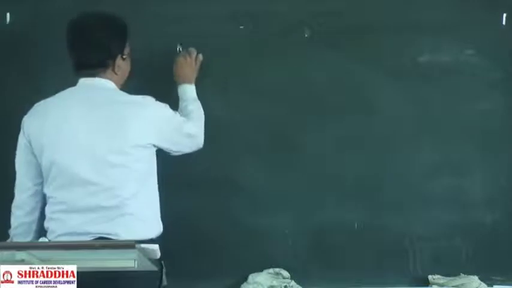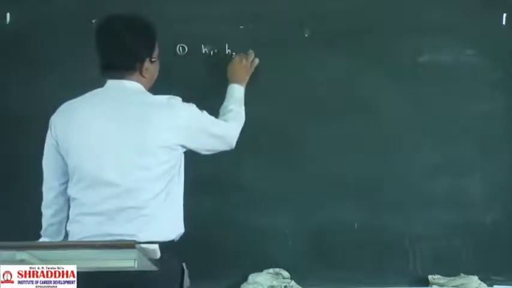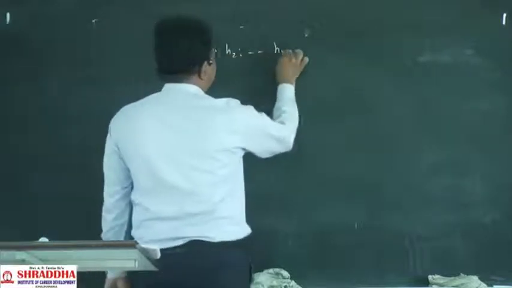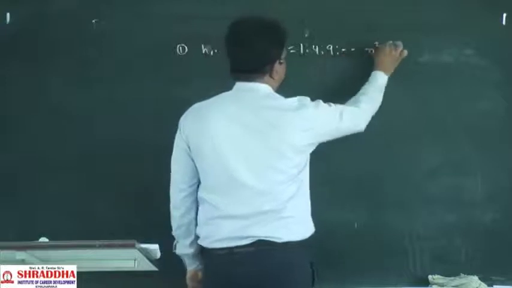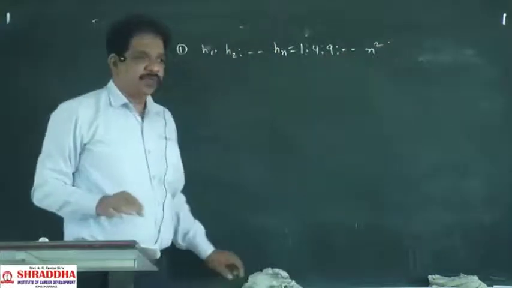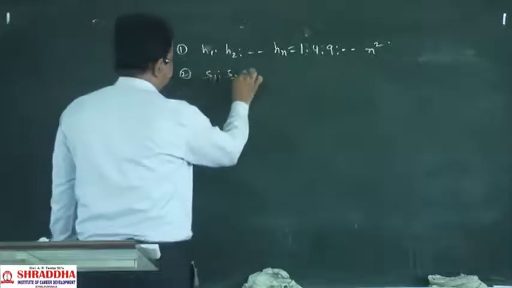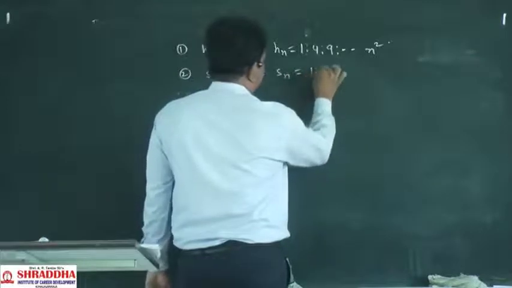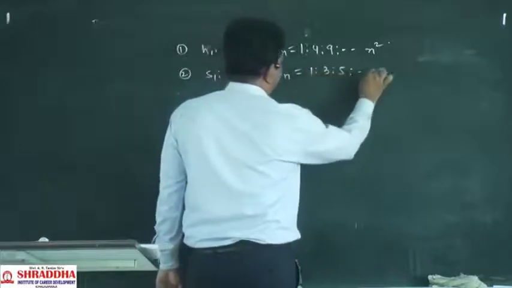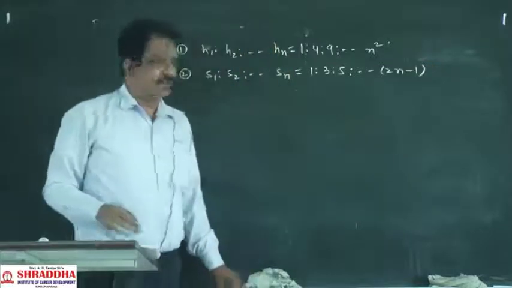Next, S1 is to H1 is to H2 is to Hn, 1 is to 4 is to 9 and so on, n square. Next, S1 is to S2 is to so on Sn, 1 is to 3 is to 5 and so on, 2n minus 1.